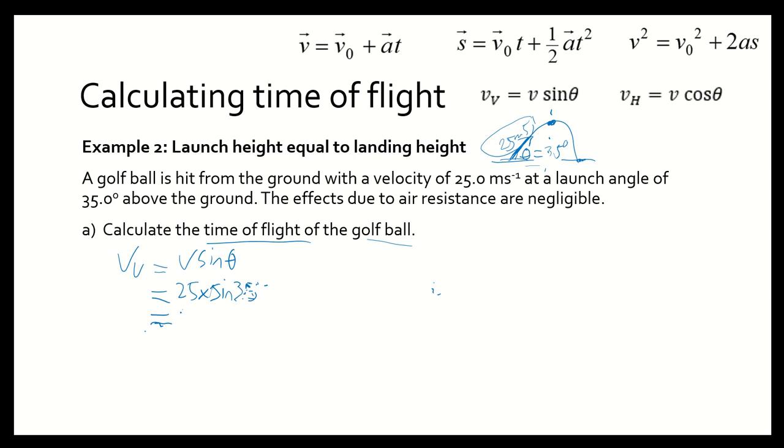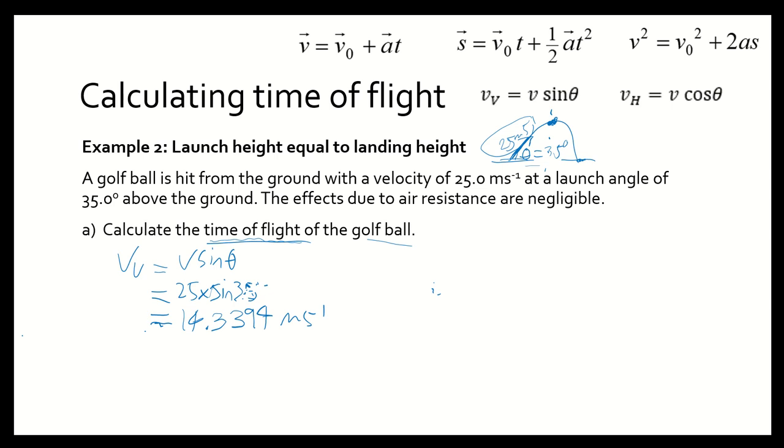And this is going to be 3 significant figures. Actually, I should say, keep your numbers to more decimal places, because all we're trying to find is the time of flight. So we should keep this to quite a few decimal places to keep our answers more exact. So that's our vertical component of velocity.